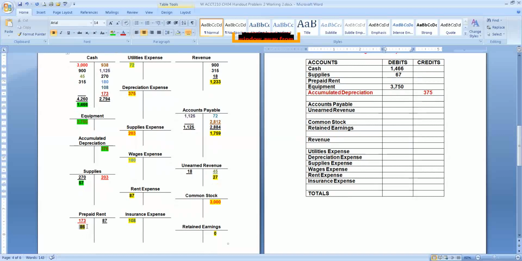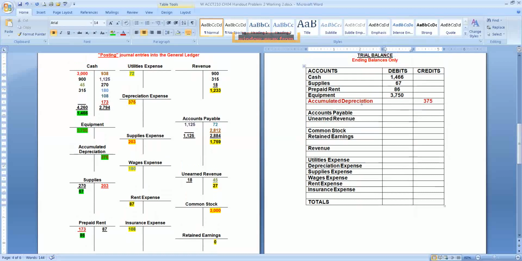Prepaid rent, 86. Utilities expense, 72. Depreciation expense, 5. 5. 203.